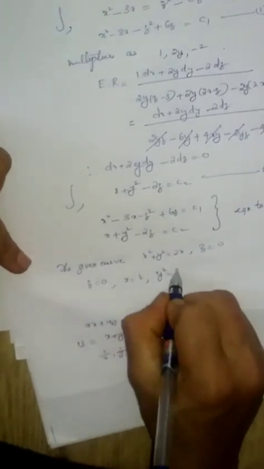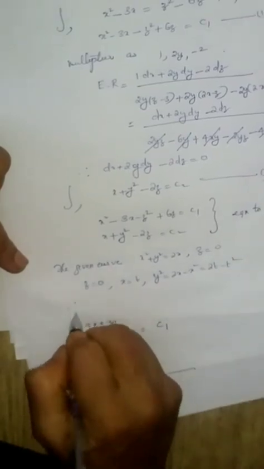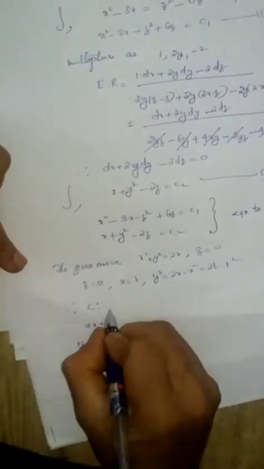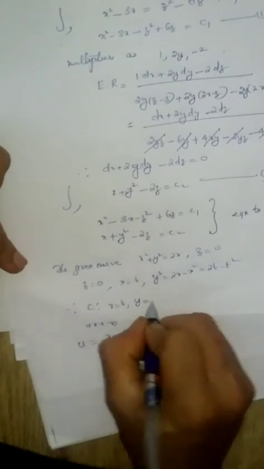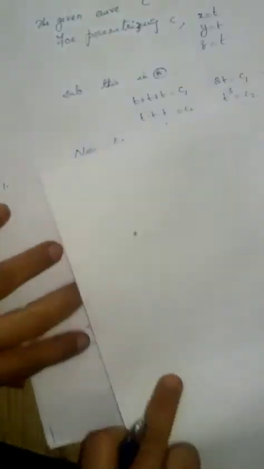We have y square equal to 2x minus x square, means 2t minus t square. Hence the parameterization for C is x equal to t, y equal to root of 2t minus t square, and z equal to 0. Then next we substitute this relation in the equations u equal to c1 and v equal to c2.